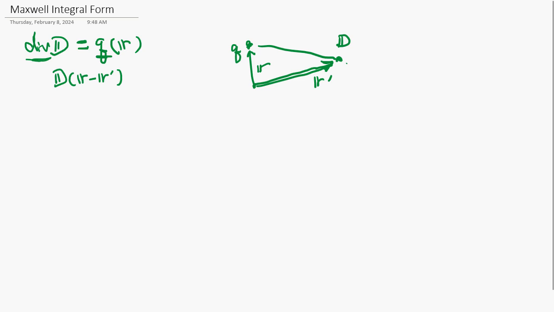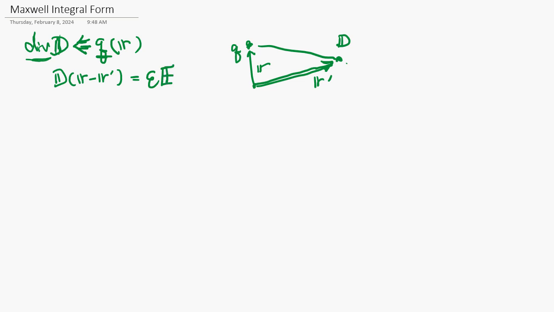First of all, I would say Maxwell's equation in differential form we should write this way, because of what we are talking about. D is the electrical field, right?